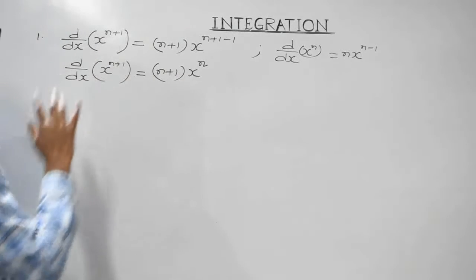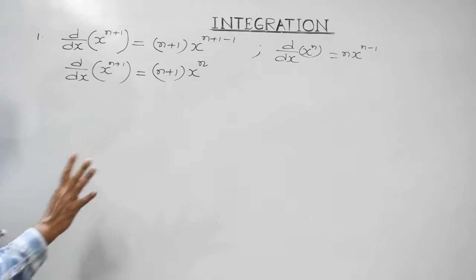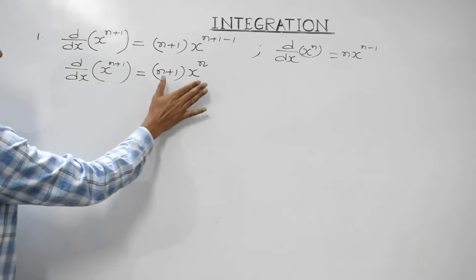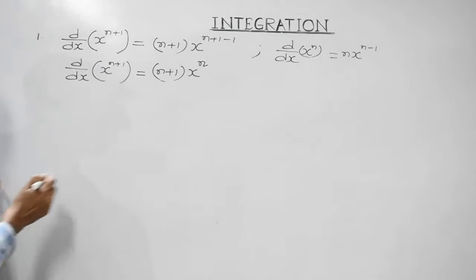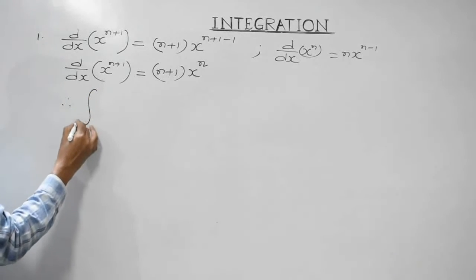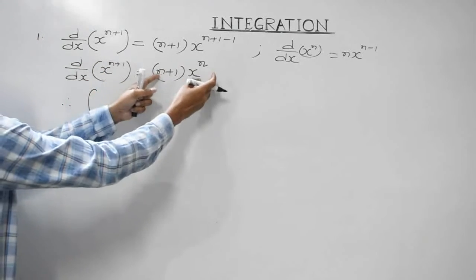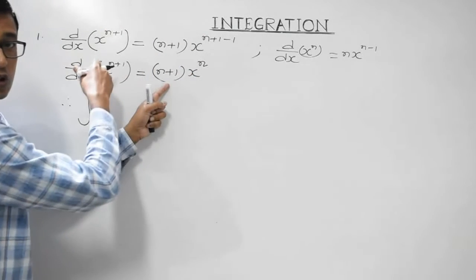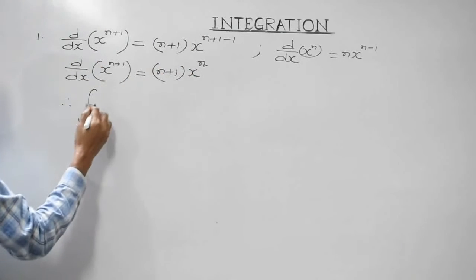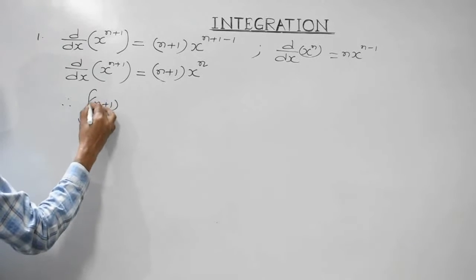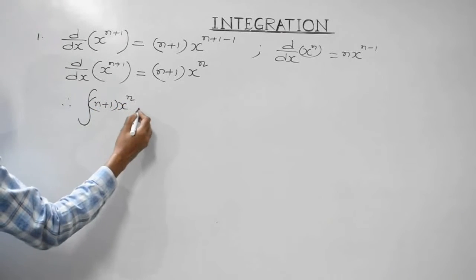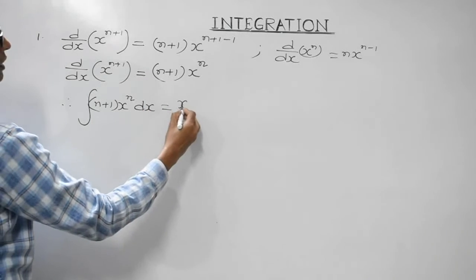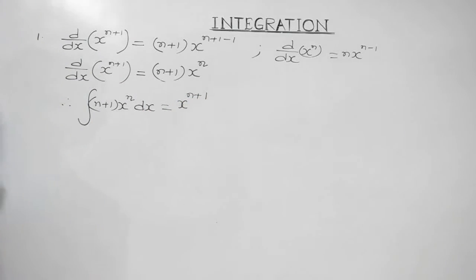No doubt regarding this. Now, just now we have discussed that differentiation of this term is equal to this. Therefore, integration of this term would be equal to this. Suppose this is A, this is B. Differentiation of A is equal to B. Therefore, integration of B would be equal to A. Therefore, integration of (n plus 1) x^n, here you are supposed to write with respect to x, would be equal to x^(n plus 1).